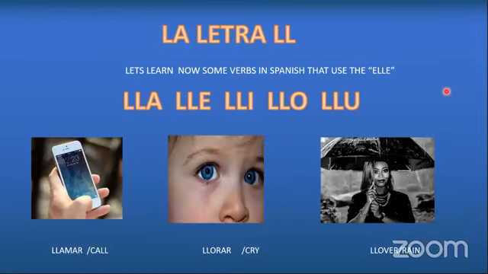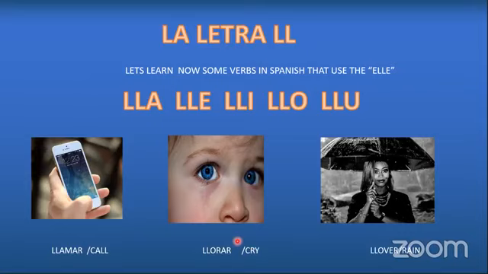Let's learn now some verbs also in Spanish that we can use frequently. The verb call, like call by phone or call like waving to a person, llamar. Listen to the pronunciation. Llamar, llamar, llamar. Next one here, the verb cry, llorar.